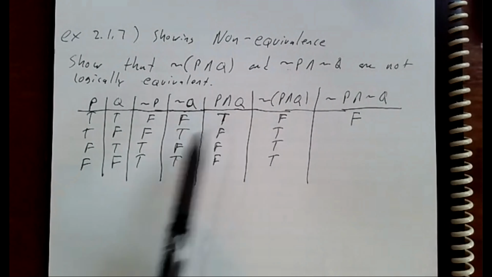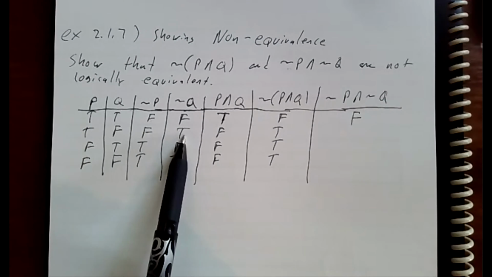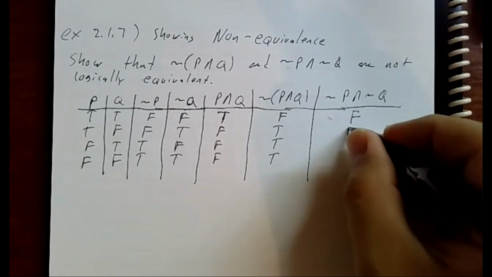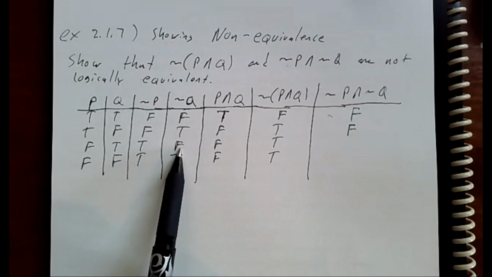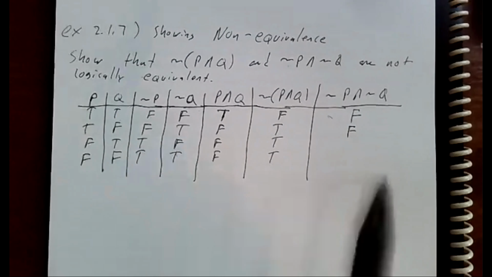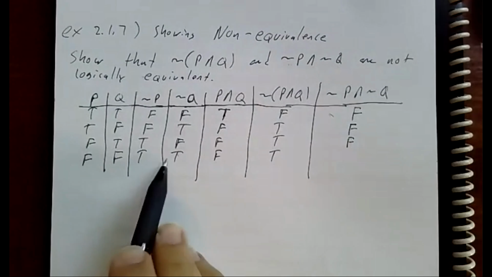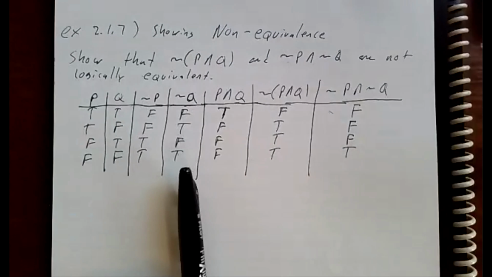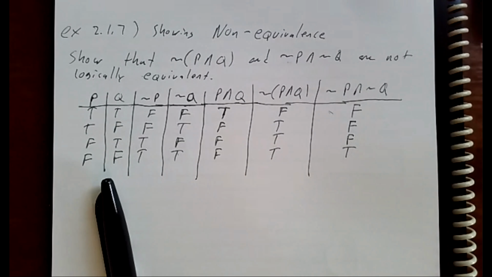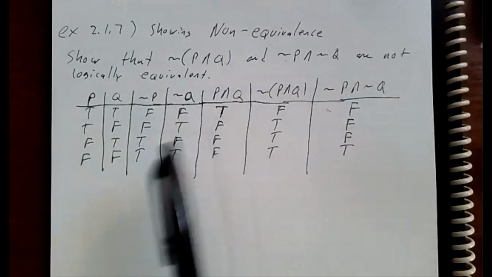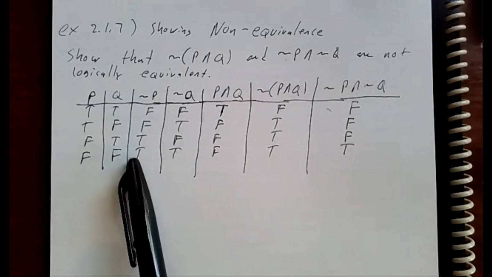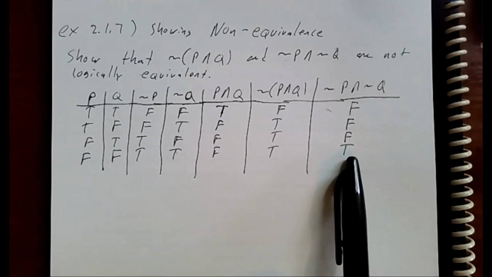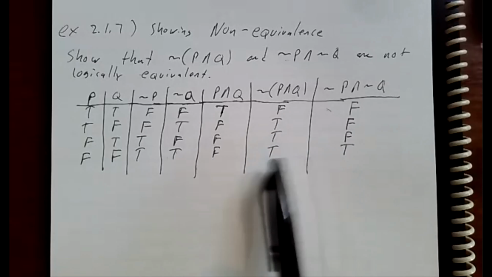Actually, so far it is false and true, false, false, true, sorry, true and false, true and true. Okay, make sure we did that right. So, false and false, false and true. So they're all false except the last one. Do you see how these are not the same?